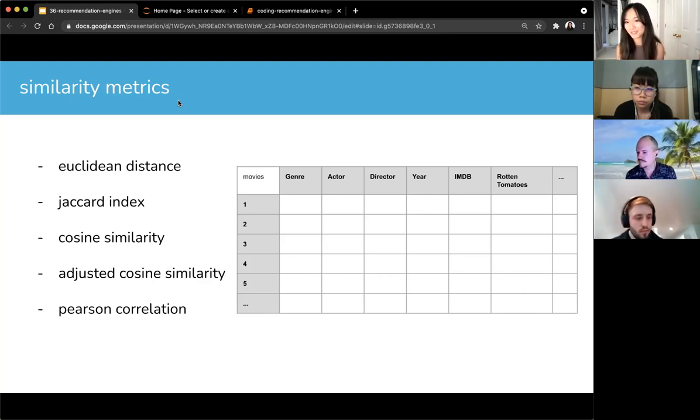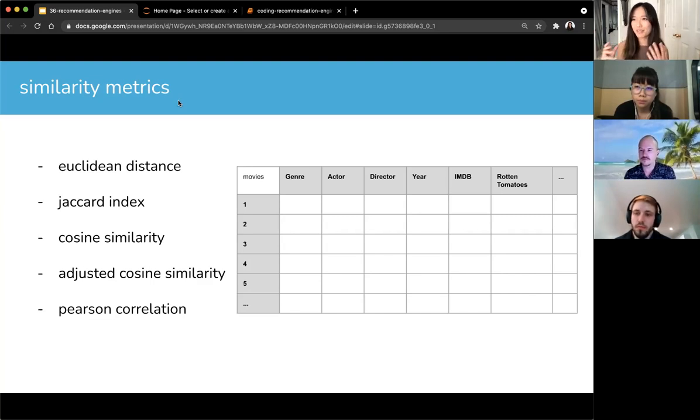Another tangent: how can you validate your content recommendations? Let's say I have a Netflix account and I watched all of the Marvel movies, and then they start recommending to me those other superhero movies that maybe aren't as good, but because of the content-based recommendations, they figure that this person must really like superhero movies.